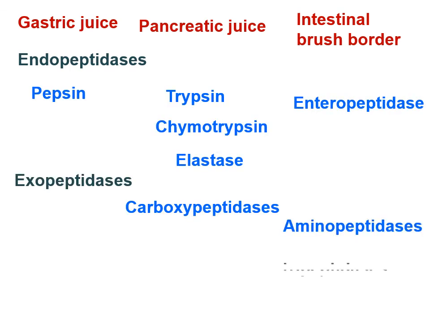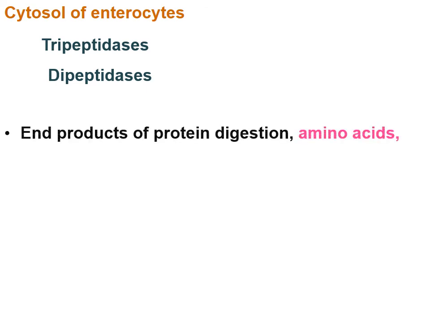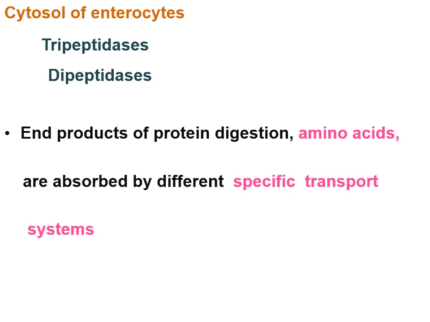I have enlisted all this. In the mucosal cell, you have tripeptidase and dipeptidase as well. So the end product of protein digestion is amino acids, and these amino acids are absorbed by specific transport systems and also to some extent by the gamma glutamyl cycle.